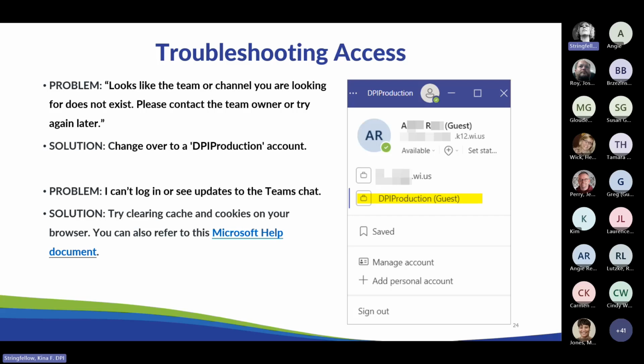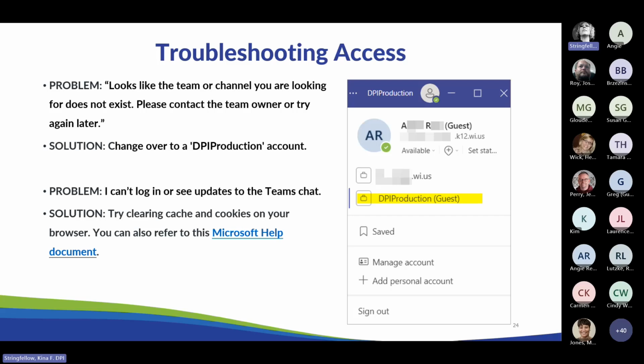And you'll notice on the screenshot that the guest user, initials AR, had 2 options. One of them is highlighted here in yellow, and that one is the DPI production guest platform or account. And the other one was a private or more business related account, which was probably associated to their school email address.